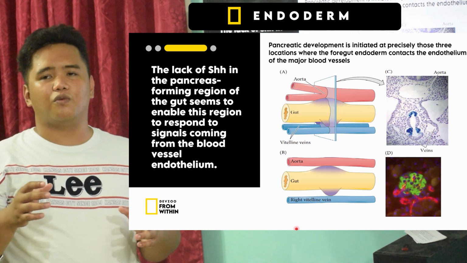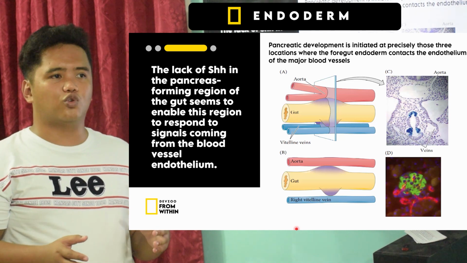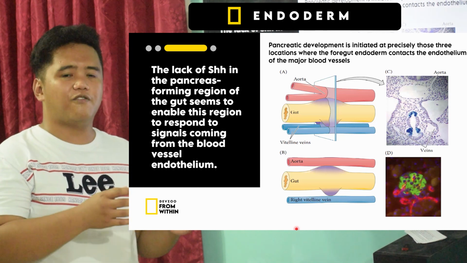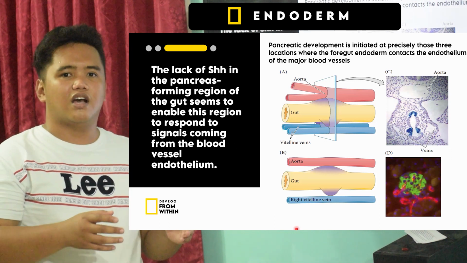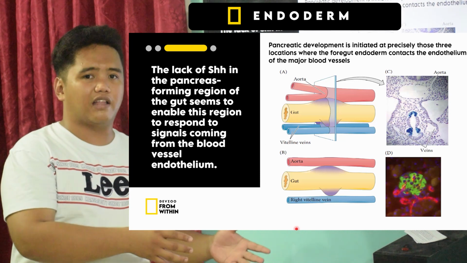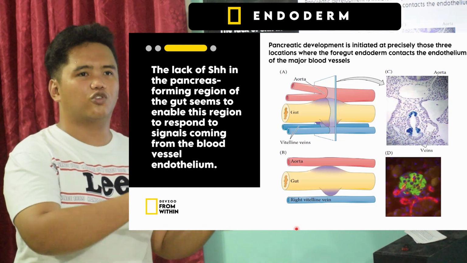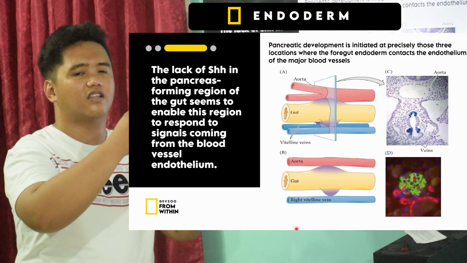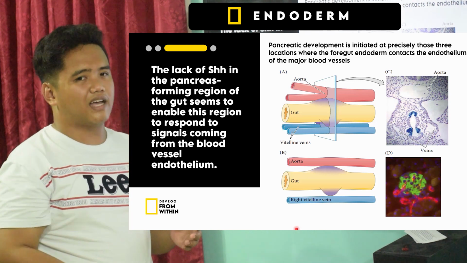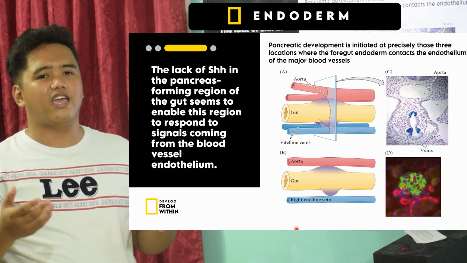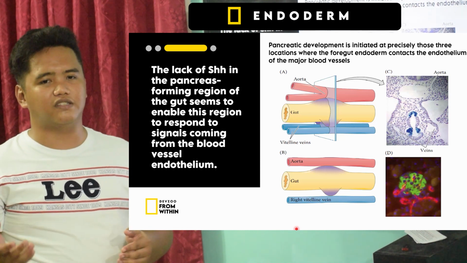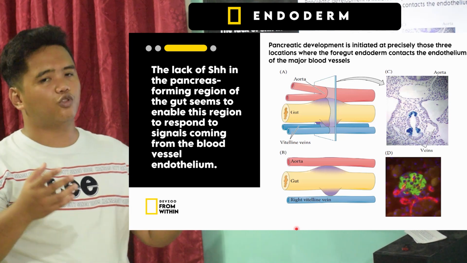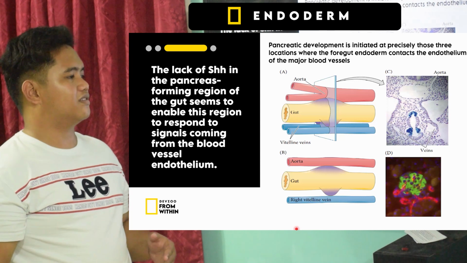So some researchers tried to induce PDX1 in the liver-forming bud, and they found out that PDX1 causes this liver bud to de-differentiate back into gut epithelium, then differentiate again into pancreatic cells. So they have inferred that PDX1 is the one responsible for the differentiation of the gut epithelium into the pancreatic cells. So next.